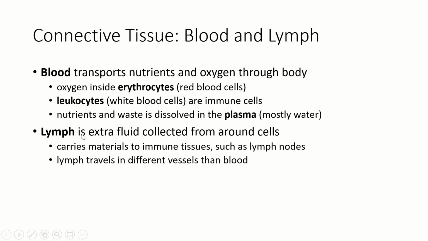So your lymph system is there to soak up that extra fluid, carry that fluid, now called lymph, to immune tissues, including your lymph nodes and your spleen, and examine all of that fluid again for pathogens, abnormal cells, anything like that. So your lymph system is a really vital part of your immune system, okay? And so lymph and blood are both considered connective tissues, even though they're fluids. I know, it's weird.